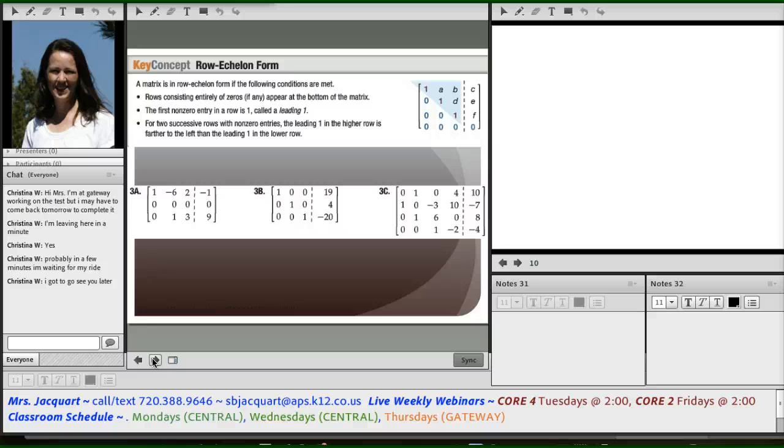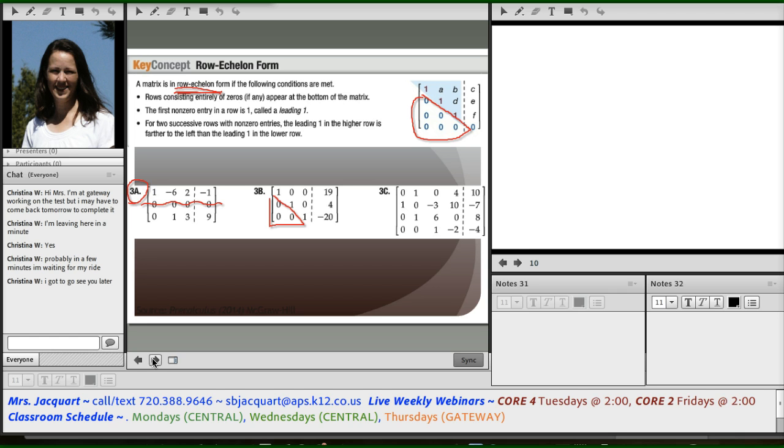And then we're going to ask, is it in row echelon form? Row echelon form, notice my triangle is zeros. So let's look at A. Is it in row echelon form? No, because your next leading entry is not to the right. Is B in row echelon form?